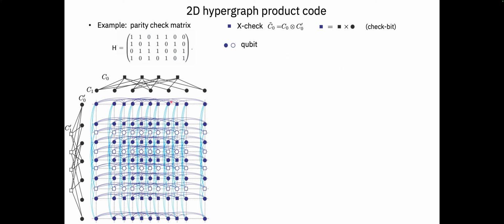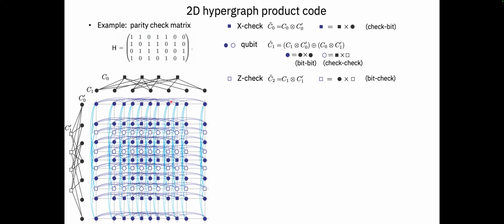And then you have two types of qubits as we explained. It's a direct sum, so you have a bit-and-check contribution. And finally, you have a Z check, which is shown as the white square, and it's the bit-check combination.